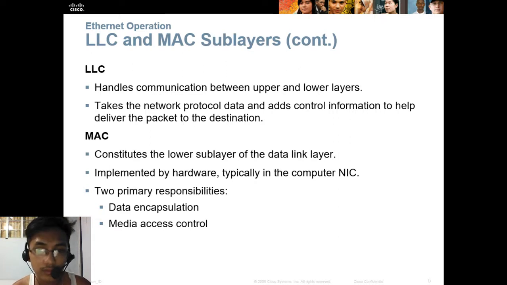The MAC constitutes the lower sublayer of the data link layer, implemented by hardware, typically in the computer NIC. It has two primary responsibilities: data encapsulation and media access control.